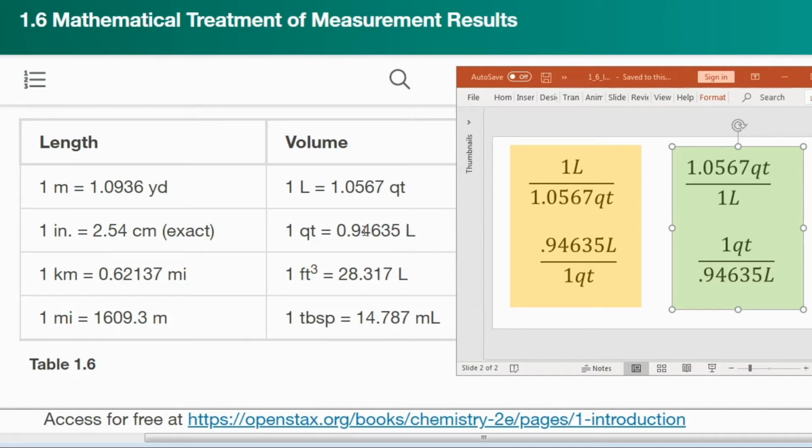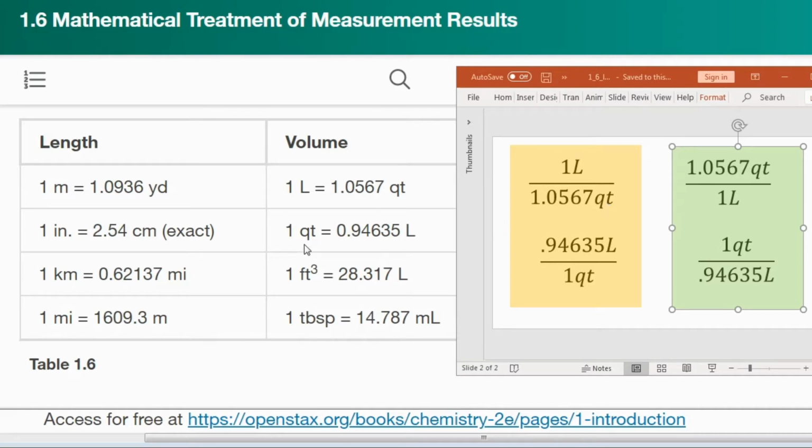So for starters, we could put 1 liter in the numerator and 1.0567 quarts in the denominator.